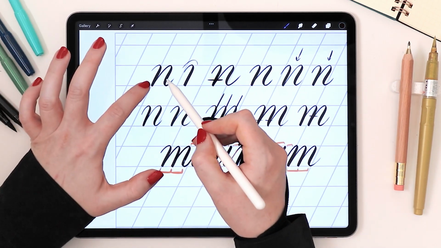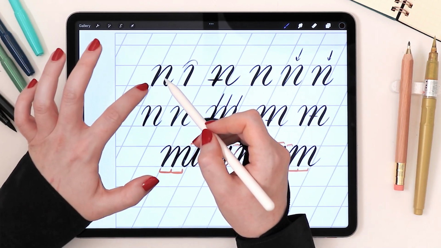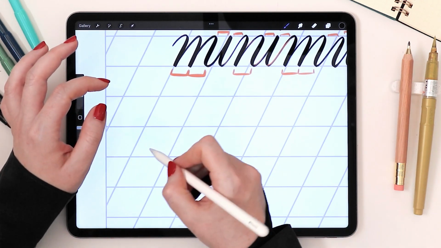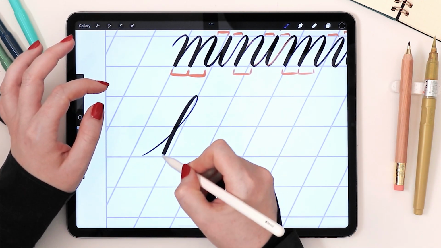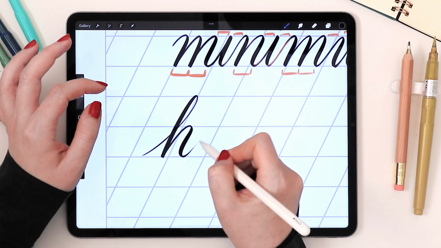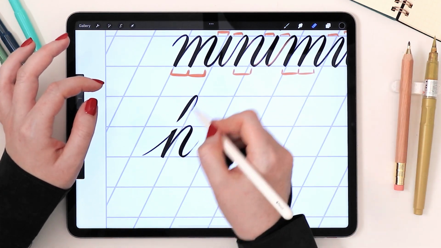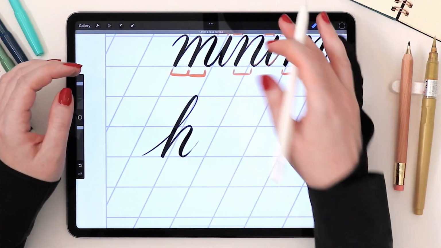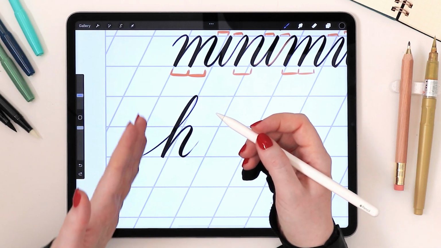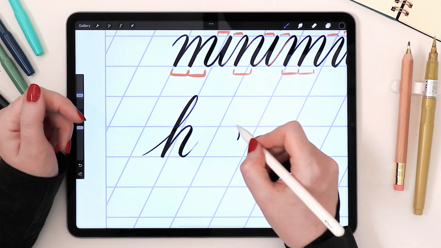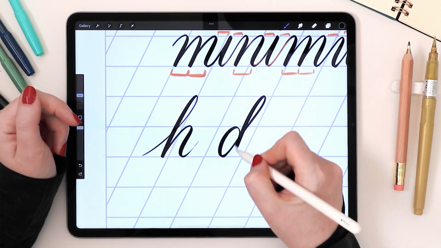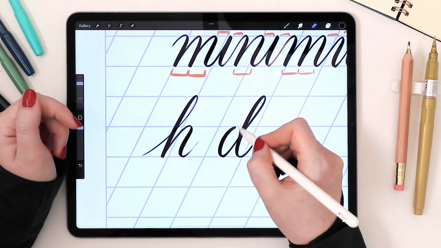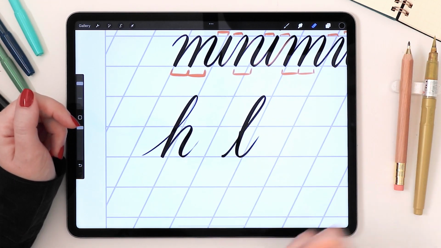Now, what letter actually incorporates the shape of an N into it? That would, of course, be an H. So, of course, we have an N built right into the H and an upstroke or a left side stem that is very similar to a D, in fact. You have a lot of similarities with this loop.